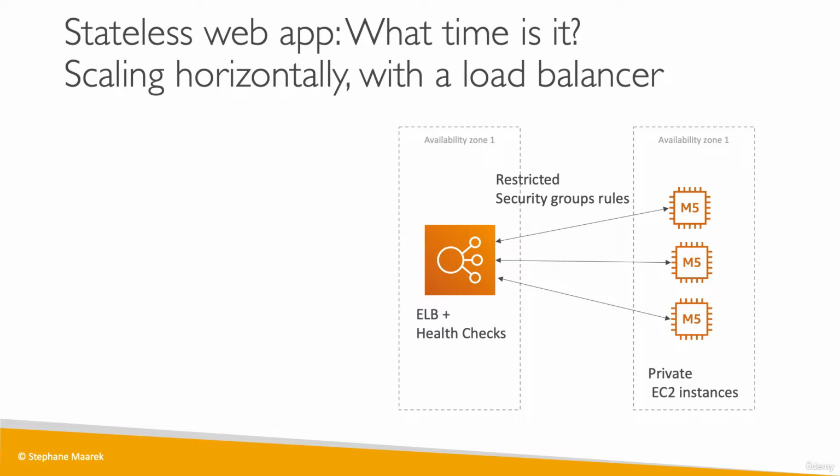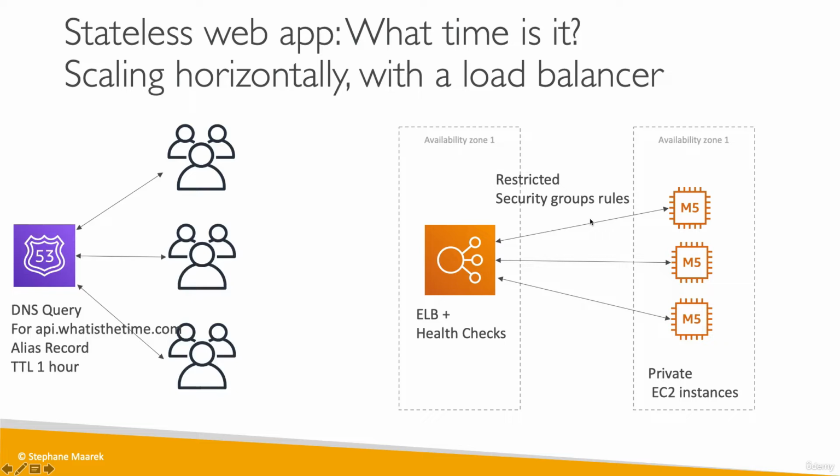So my ELB is going to be public facing, whereas my private EC2 instances are in the back. And so they restrict traffic between these two using maybe a security group rule that we've seen before, using the group as a reference. Okay, that sounds pretty good. So now our users, they're going to query for what is the time.com, but this time it cannot be an A record because a load balancer has its IP changing all the time.